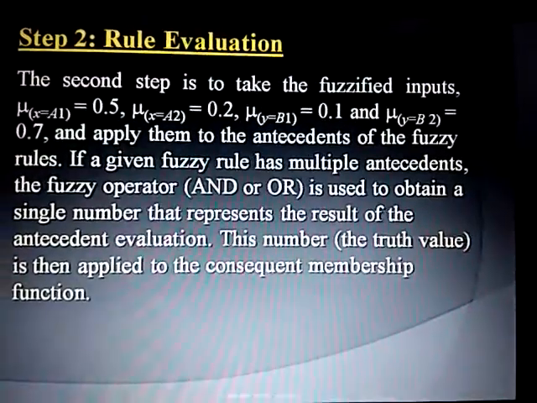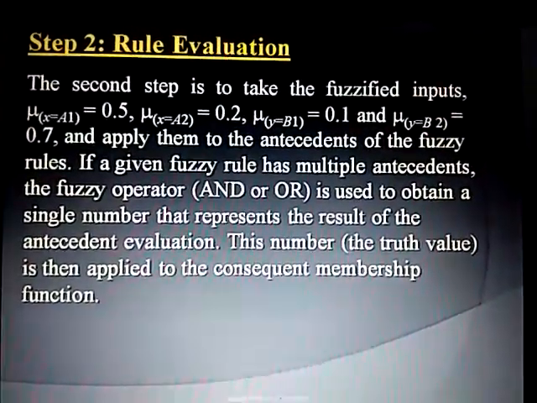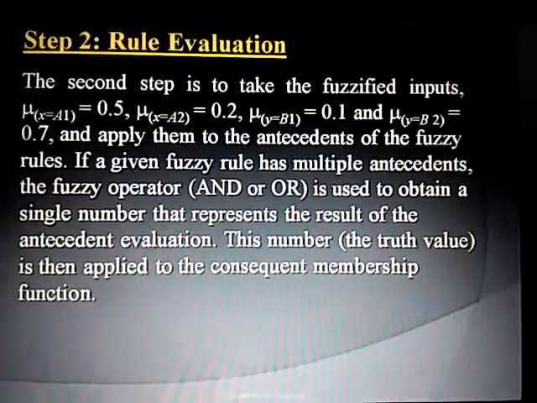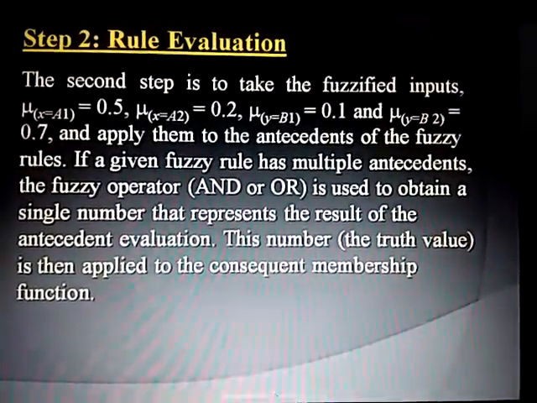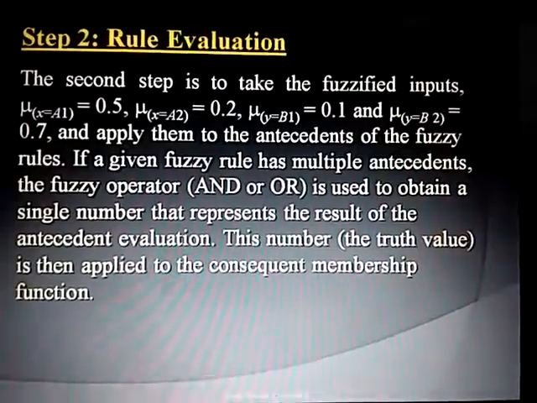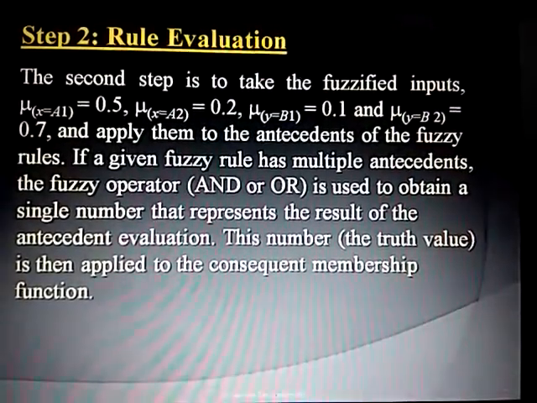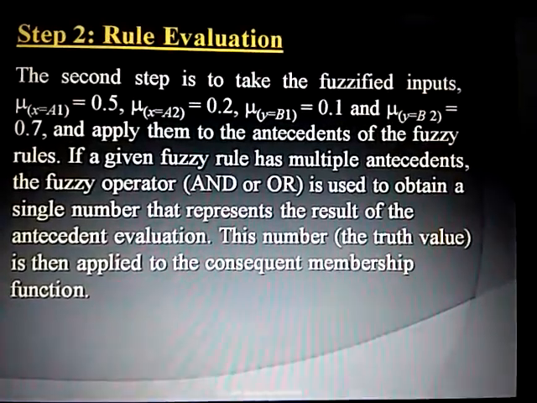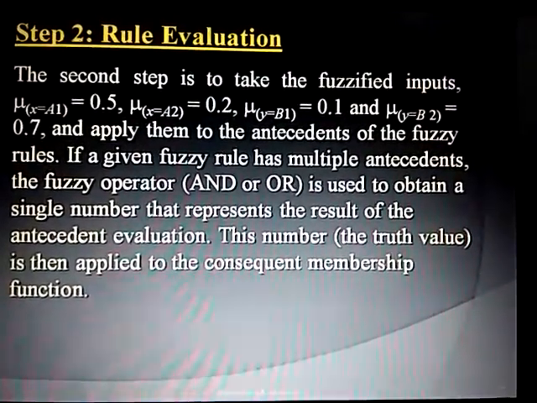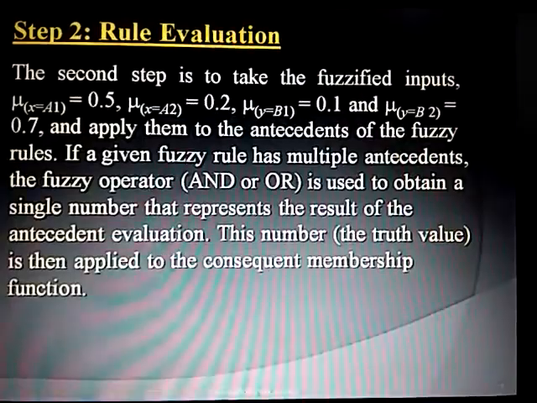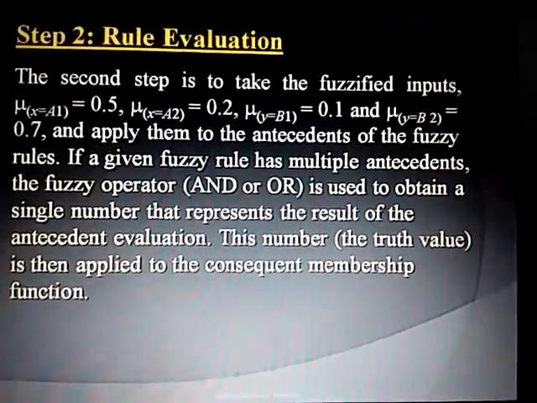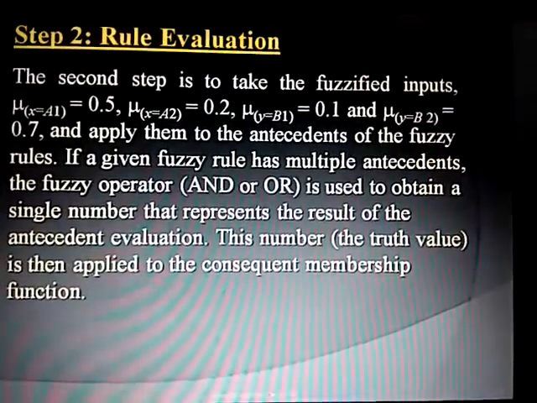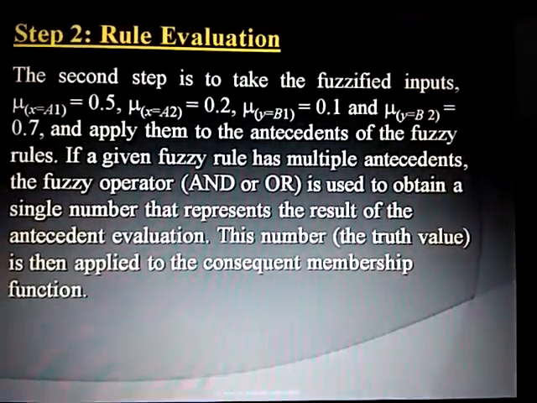In the second step, the rule evaluation, we take the fuzzified inputs, that is mu x equal to A1 is 0.5, mu x equal to A2 is 0.2, mu y equal to B1 is 0.1, and mu y equal to B2 is 0.7, and apply them to the antecedent of the fuzzy rule.